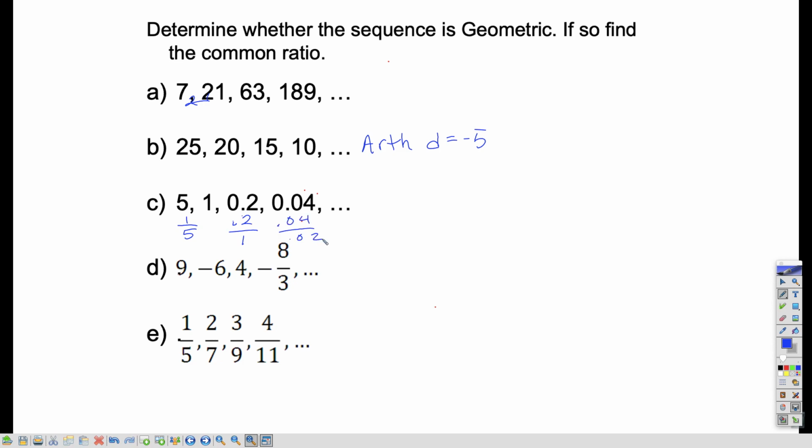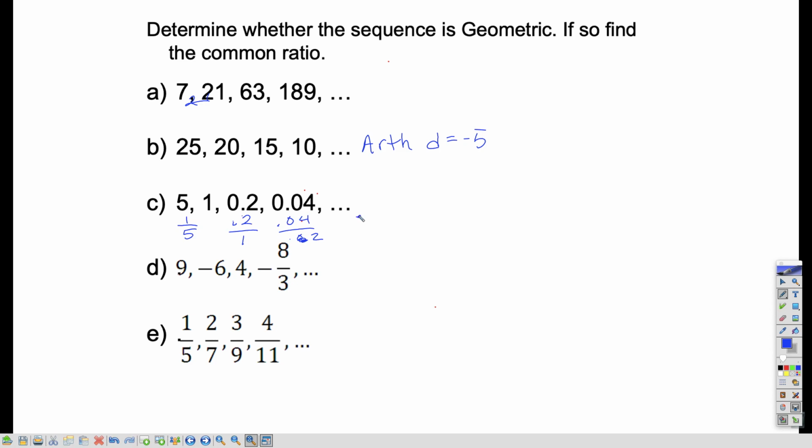Now we've got to turn them into fractions or turn them into decimals. We can't compare both, right? So 1/5 is 0.2, yes? What decimal is 1/5? 0.2.